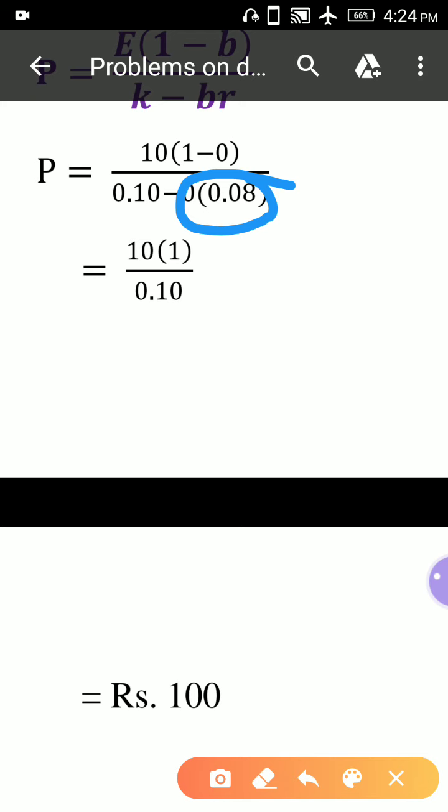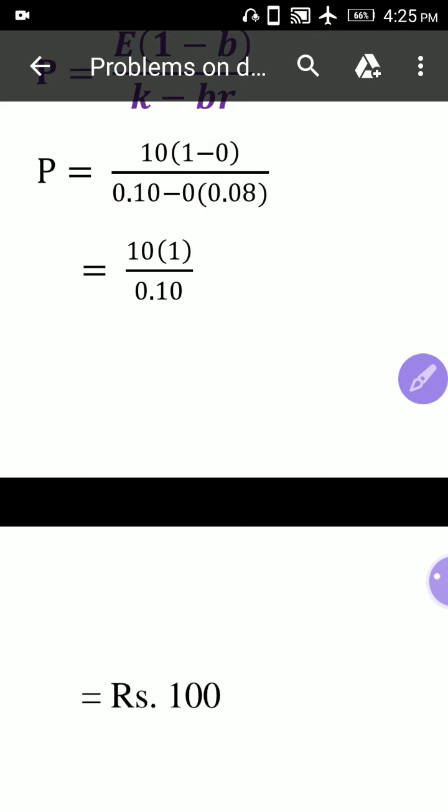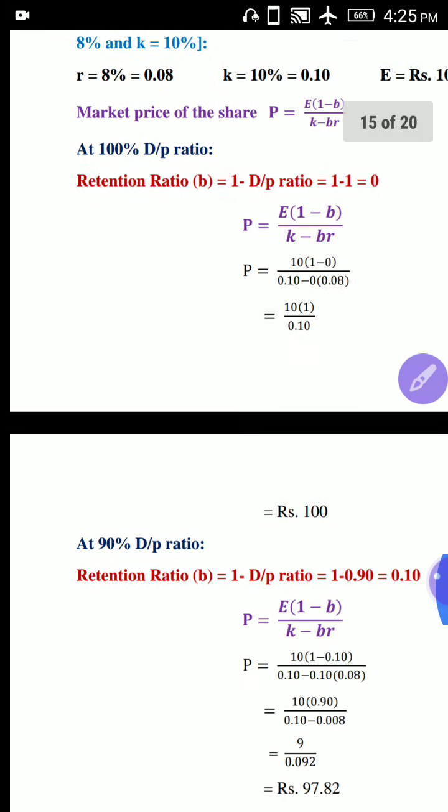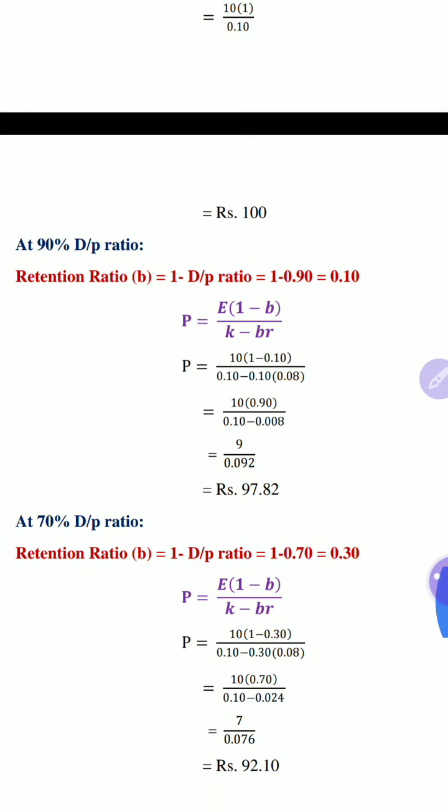So 0.10 minus 0 means 0.10. So here 10 divided by 0.10 means the value is 100. Okay. Next, at 90% dividend payout ratio.